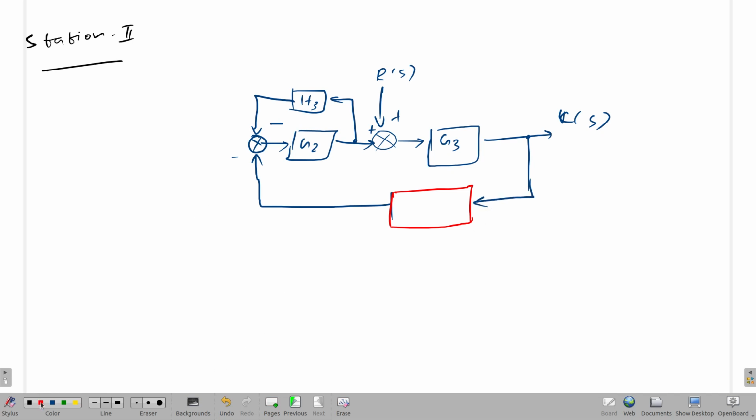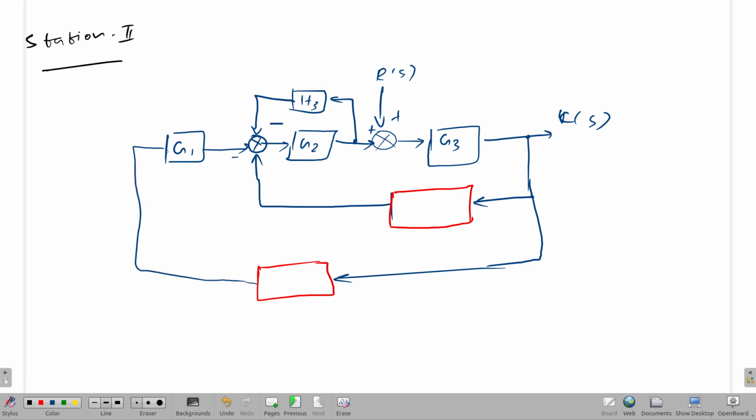And similarly there will be a slight change in this particular box also. Okay, and we have our last G1, which is coming here, since the summing point at that area is changing.